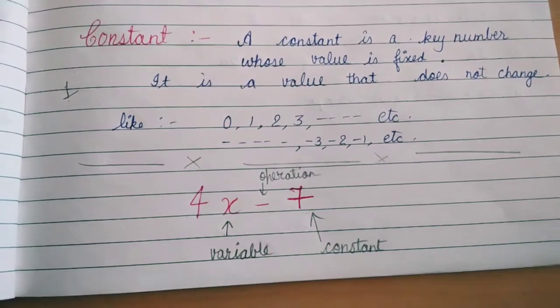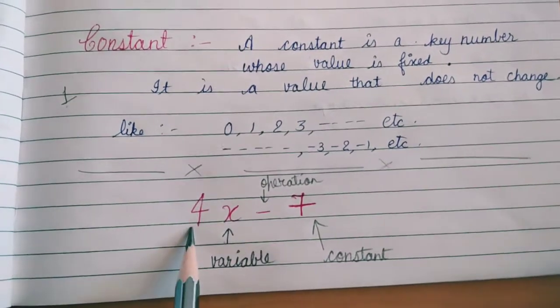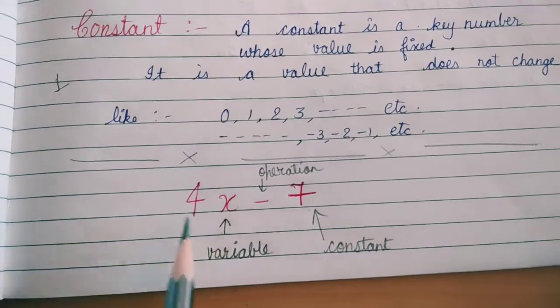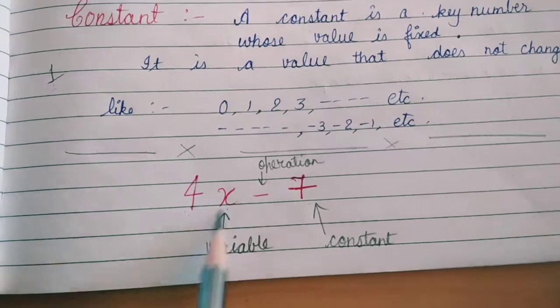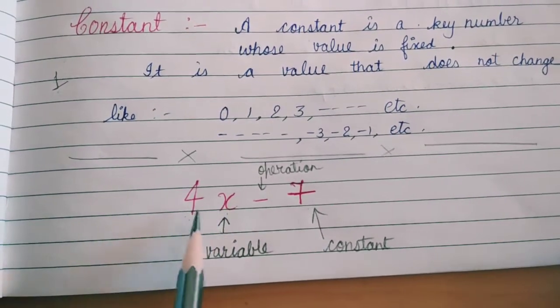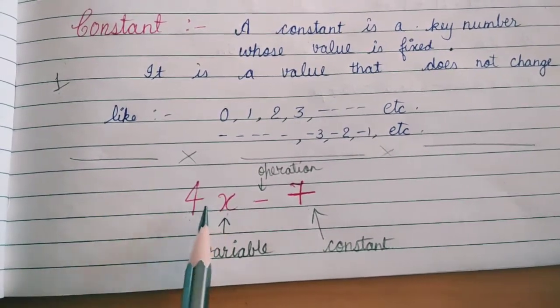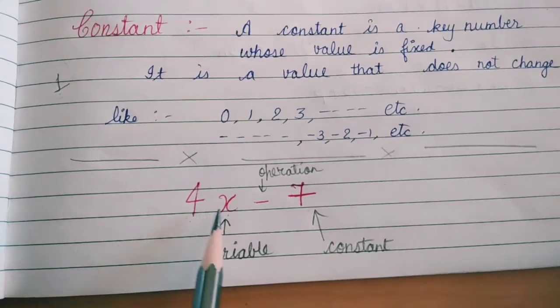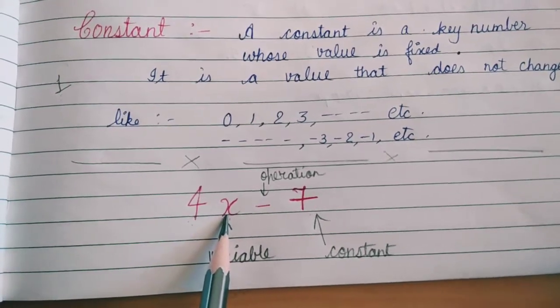Now you can see this 4 is also a constant, but 4 is coming with x, and between 4 and x we don't have any symbol. It means 4 and x are multiplying with each other.